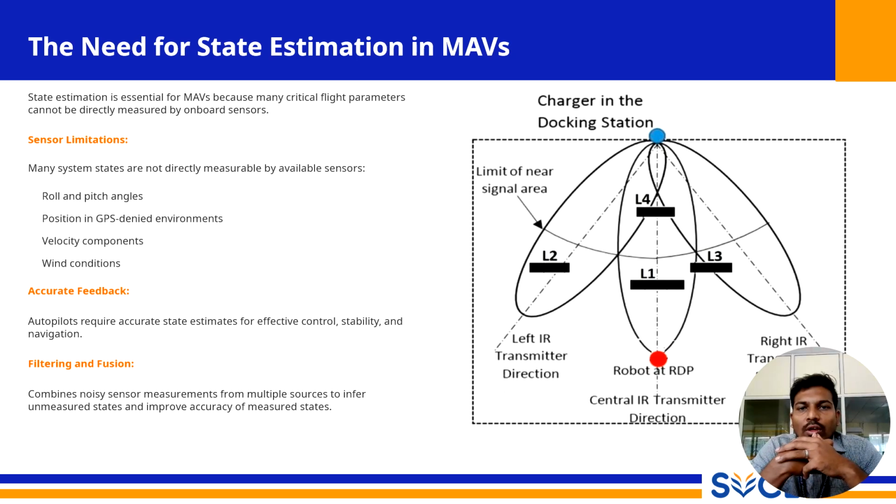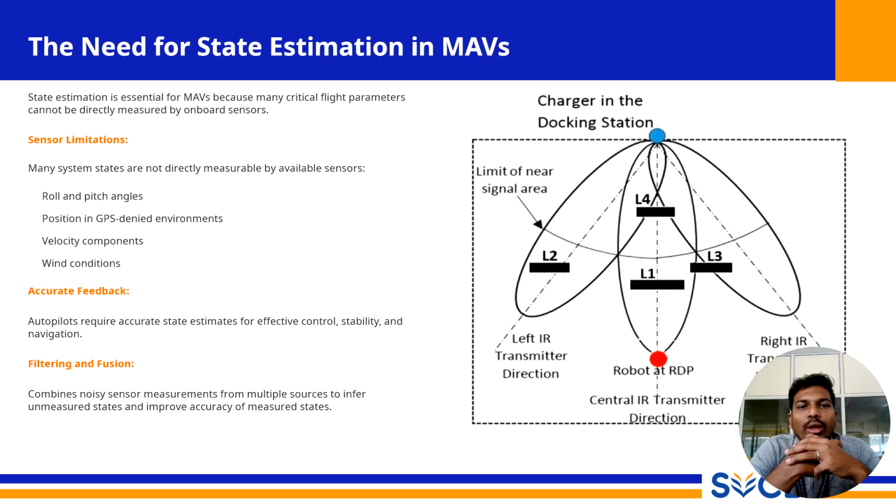The core reason this is so important is that state estimation is essential for MAVs because many critical flight parameters cannot be directly measured by onboard sensors. We cannot simply take a sensor reading and trust it as the absolute truth. There are significant sensor limitations that we must overcome.